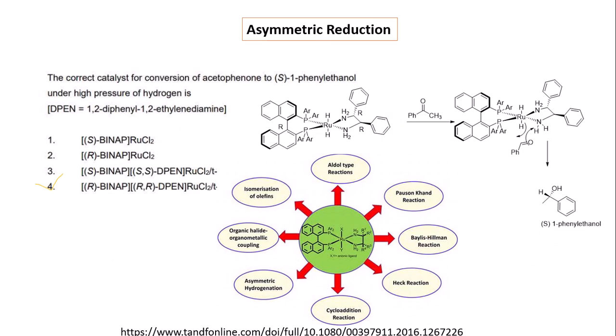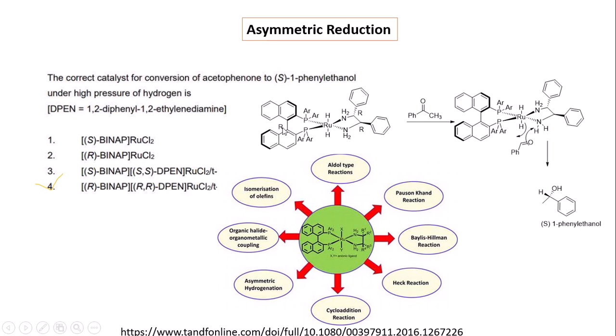And this is the asymmetric reduction, and BINAP derivative of the ruthenium complex. The ruthenium complex can react with hydrogen and produces the octahedral intermediate, and this octahedral intermediate is a chiral octahedral intermediate, and this chiral octahedral intermediate has specific hydride donor sites, and specifically different types of the BINAP system produce the different isomers.